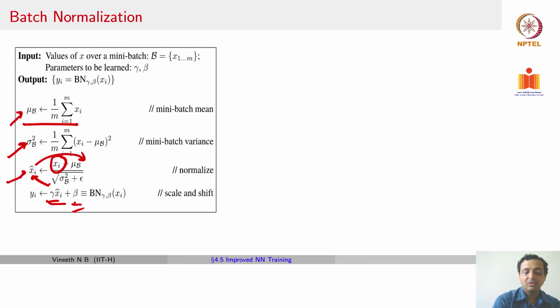The new so-called mean would be beta, and gamma would be the standard deviation of this new distribution. And by learning gamma and beta, you're asking the neural network to normalize each layer the way you want to normalize it. You don't need to do standard normalization with mean 0 and unit variance. Choose the mean, choose the variance that helps you perform the best, and let the neural network learn gamma and beta.